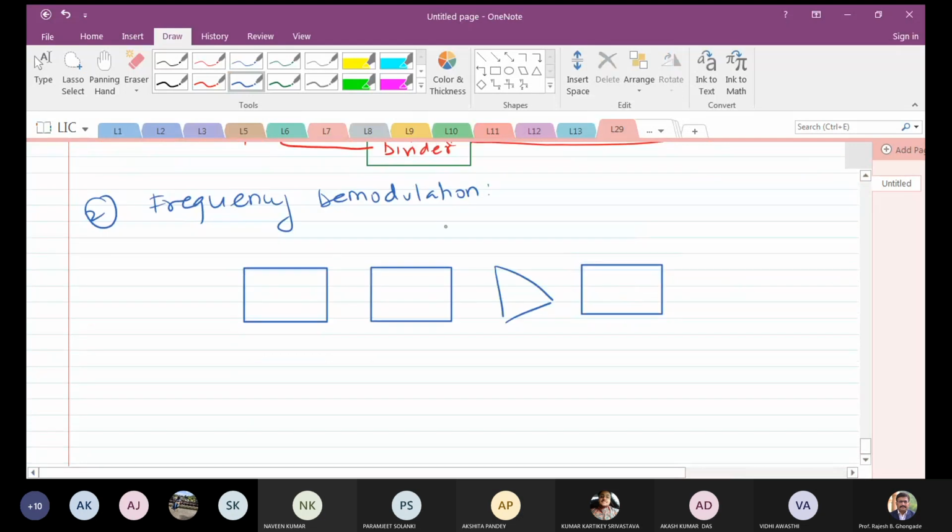How can you make use of this for demodulating the FM signal? Any guesses?